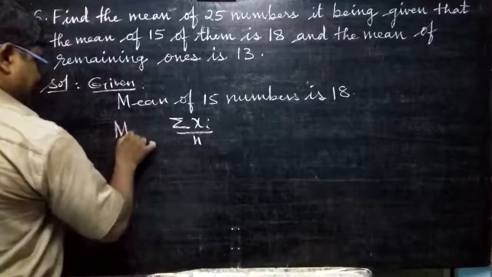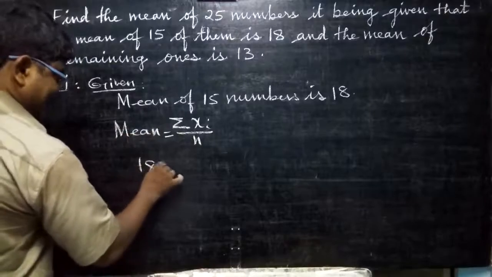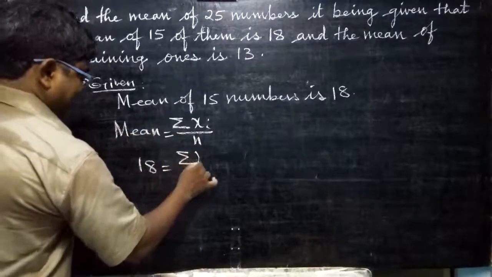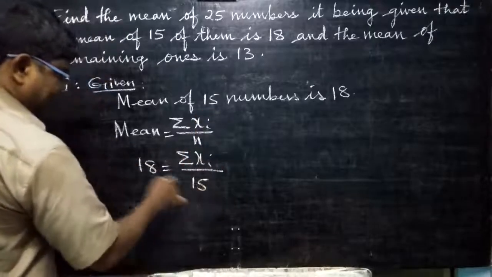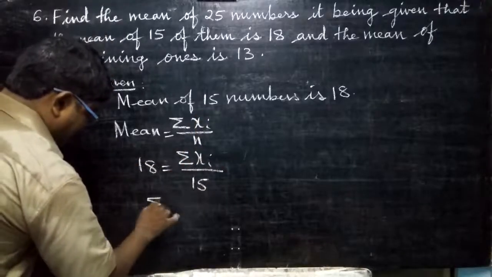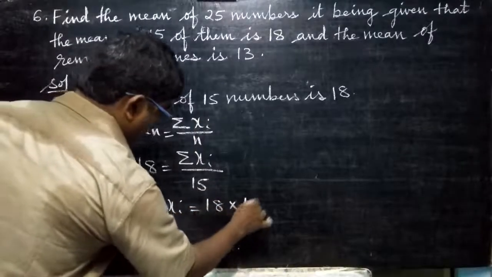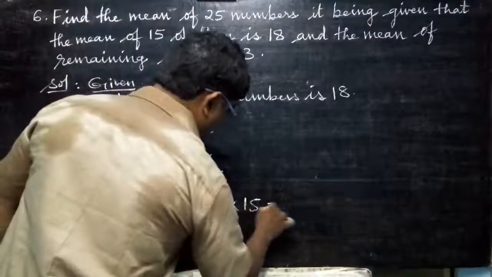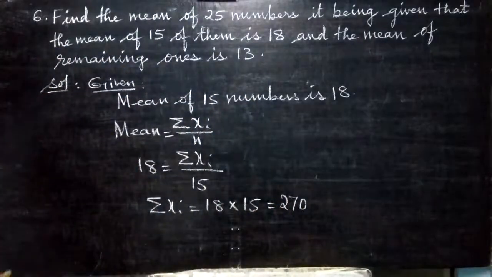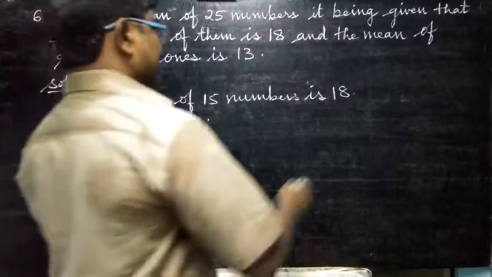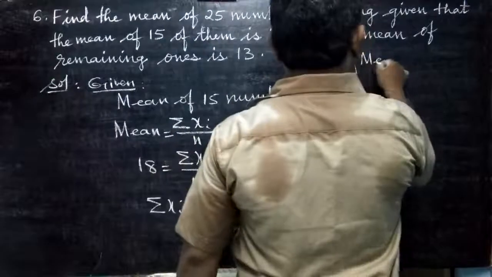Mean is given as 18, which is equal to sigma xi by 15. Now cross multiply. Sigma xi is equal to 18 into 15. How much will you get? You know, 270.